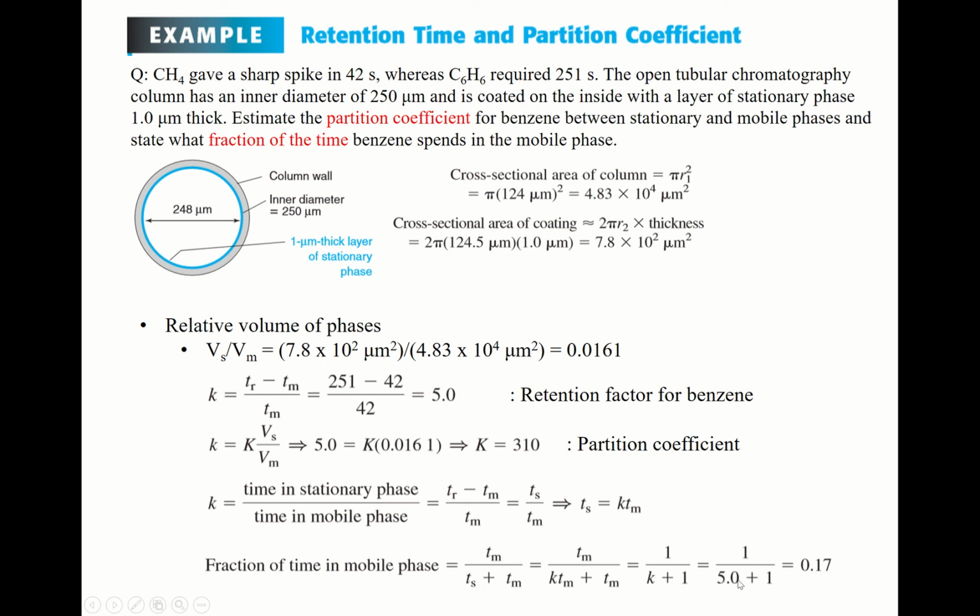That is the fraction of time benzene spent in the stationary phase. It is not that difficult. As long as you know the definitions of these terms, it is rather easy to calculate.